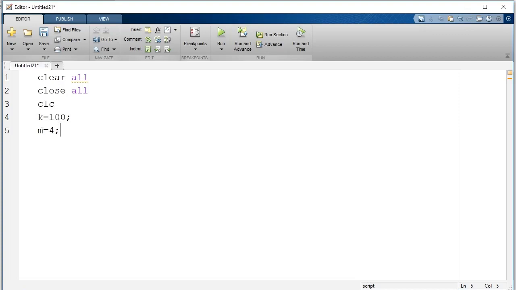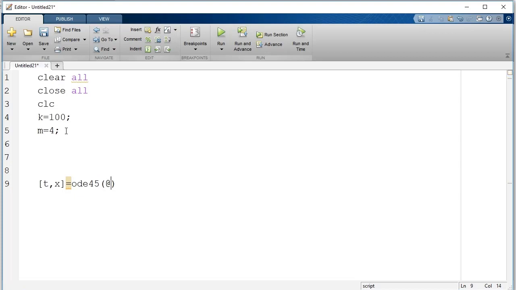So K is equal to 100, M is equal to 4, and now we want to solve this. So I would say T and X is going to be ODE45.